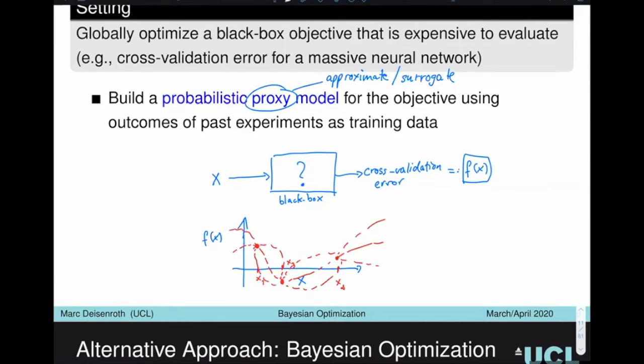But we have already looked at problems which look very similar. It's just here we have an active process of generating these training data, whereas in the examples we looked at this week, the training data was given.